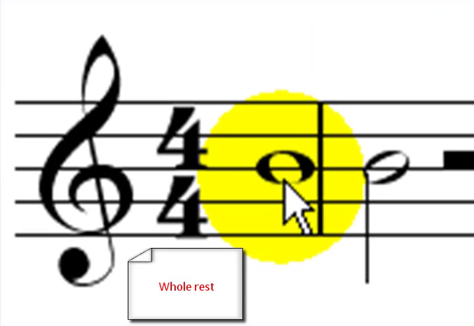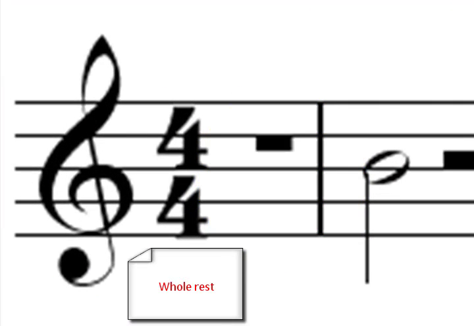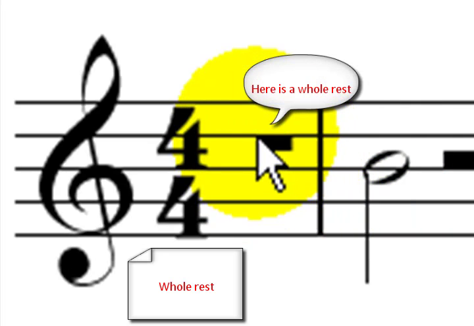So you're starting to get the idea, right? Next, we'll take out this whole note. When we take out the whole note, we will have to put a whole rest instead. So let's check it out. And that's a box hanging from the 4th line.